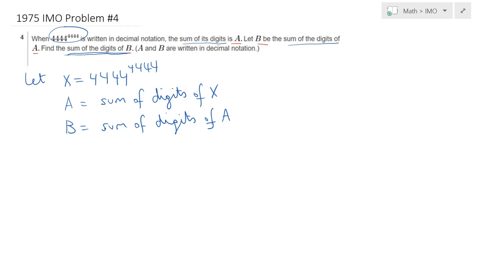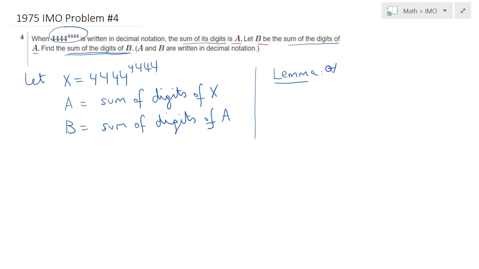So there's a very well-known result. You all probably know from elementary school that a number is divisible by 9 if its sum of digits is divisible by 9. It translates into the following lemma.